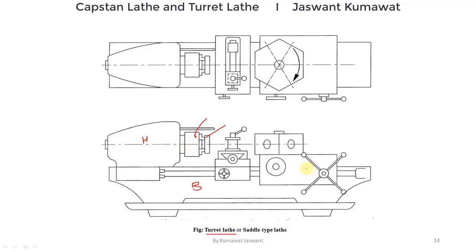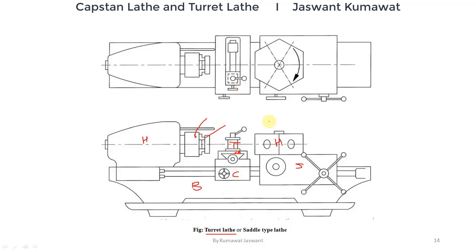On the right side of this bed, this is the saddle. This is the hexagonal turret. This hexagonal turret is directly mounted on the saddle. This is the wheel for saddle movement. In between the headstock and saddle, there is the carriage on which the cross slide is mounted. On this cross slide, there is the tool post. This is the front tool post.